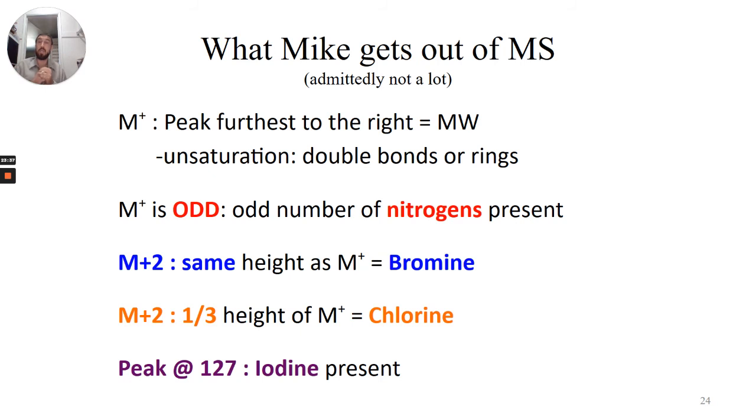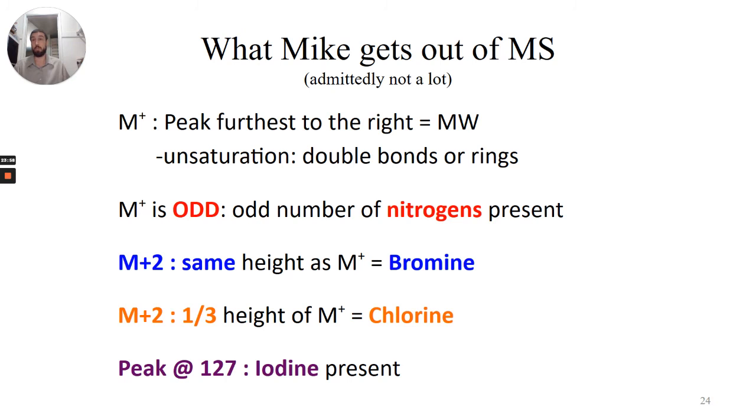Okay? A peak at 127 generally means iodine is present. I should really just delete this one from the overall slides. Iodine just doesn't show up very often, and it is so massive that if you're seeing iodine in your sample, you'll see a massive molecular weight.